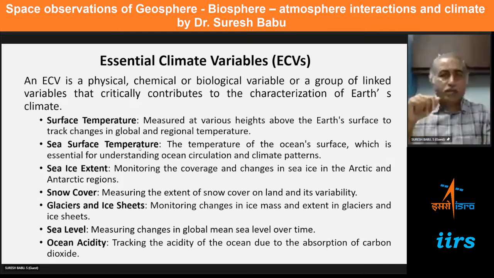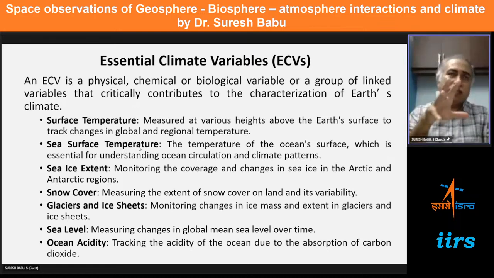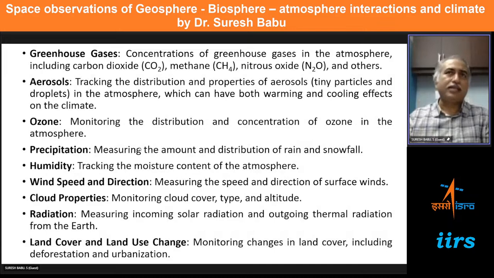Then, among the parameters which determine the surface, there is ocean acidity. Tracking the acidity of the ocean due to the absorption of carbon dioxide is an important factor which controls the climate and the amount of greenhouse gases in the atmosphere.